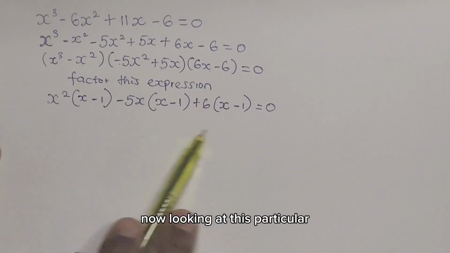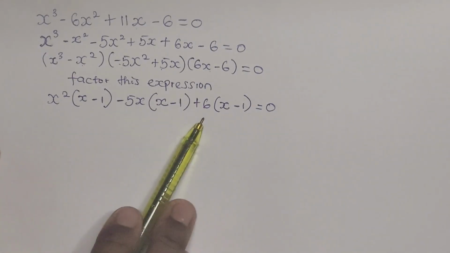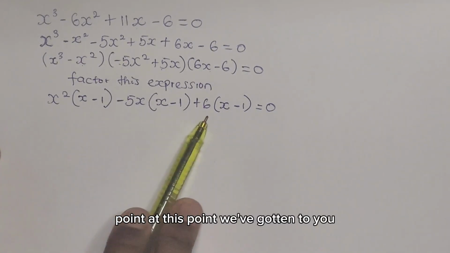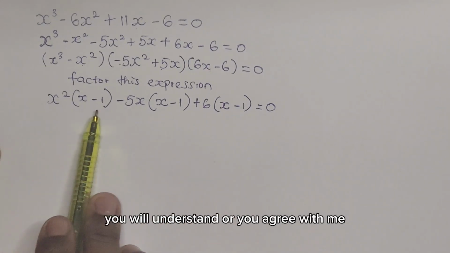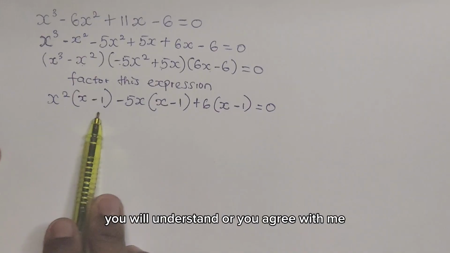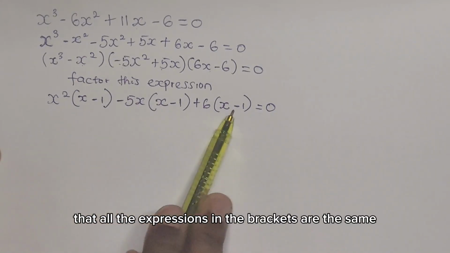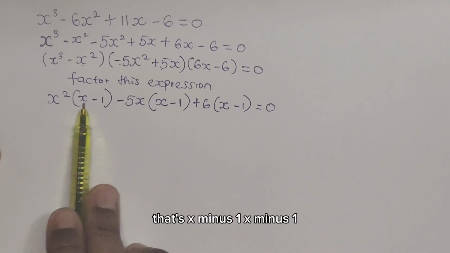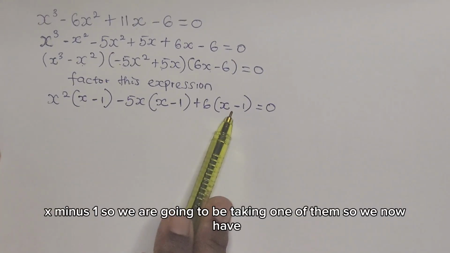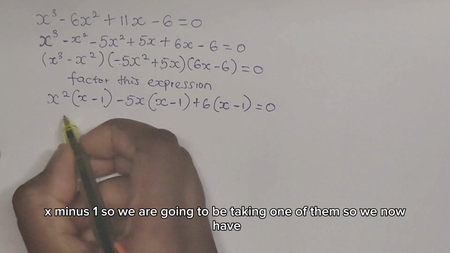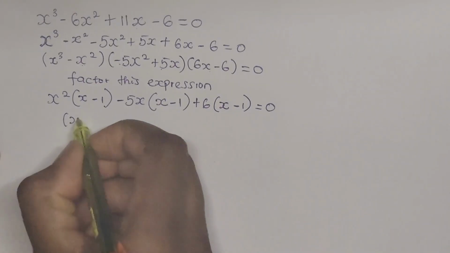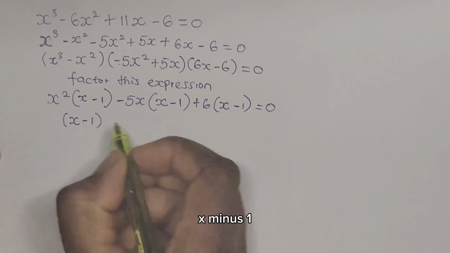Now, looking at this point we've gotten to, you will agree with me that all the expressions in the bracket are the same. That's x minus 1, x minus 1, x minus 1. So we are going to be taking one of them. So we'll now have x minus 1.